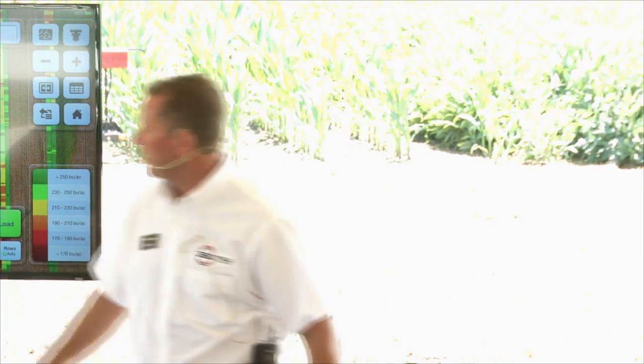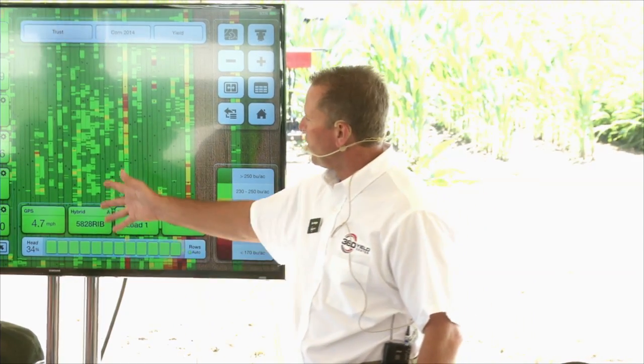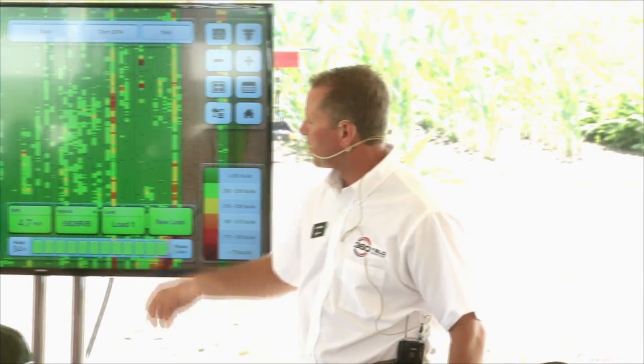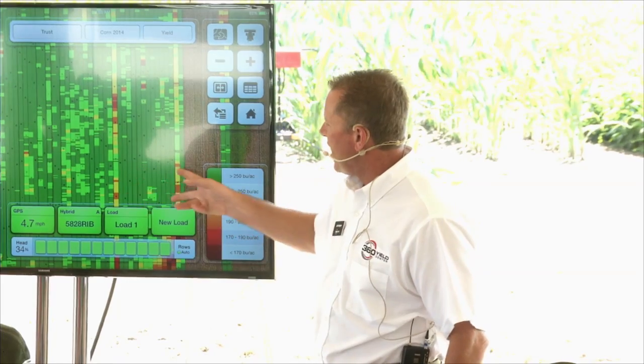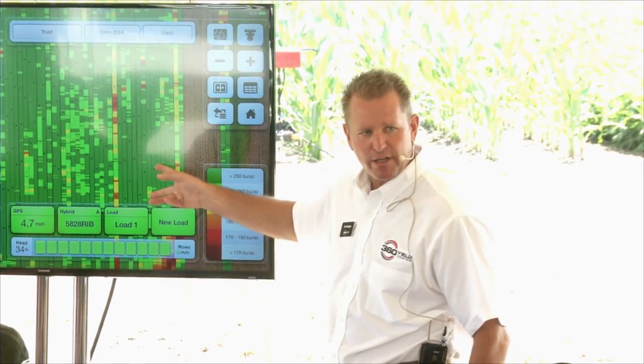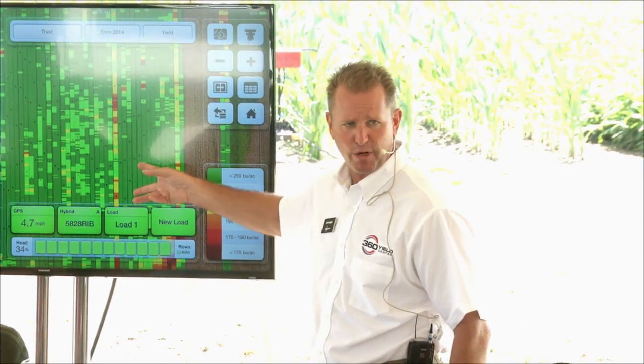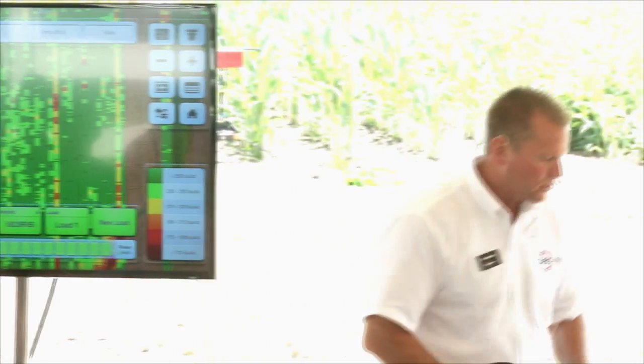By front loading enough to make it to V12 to V14, and then coming in and understanding where I was at, how much nitrates I have left, I was able to do a static rate here where I increased yield nearly 40 bushel, and then going to variable rate, I'm increasing yield by over 40 bushel. So huge impact from just changing the way I'm managing my nitrogen.